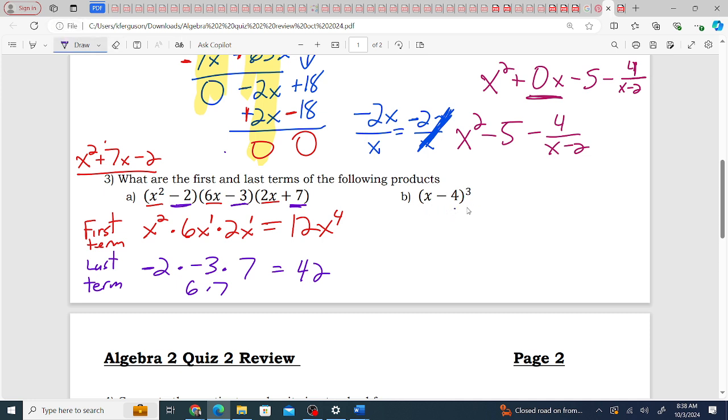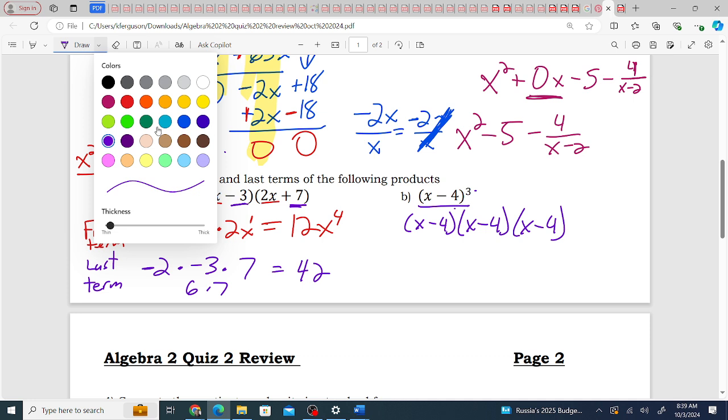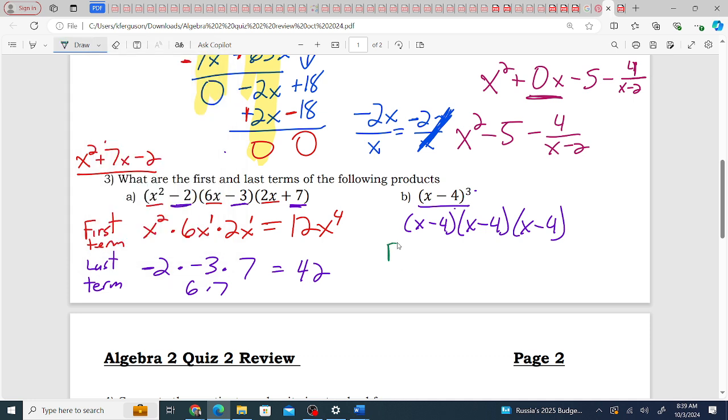So this one, oh no, what am I going to do? Well, this is to the third power, which means it is x minus 4 times x minus 4 times x minus 4. Now we're back in the same boat that we were in before. So I've got the first term. So the first term, I just take the first terms and multiply them.